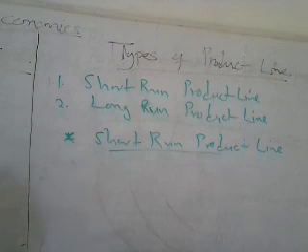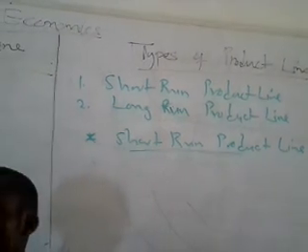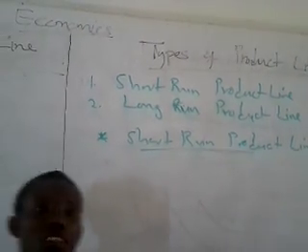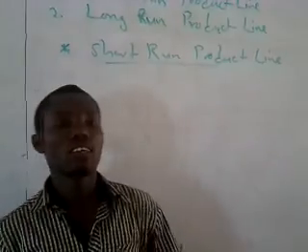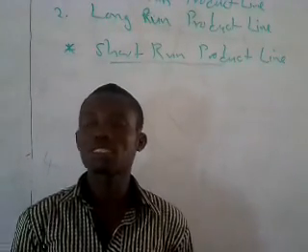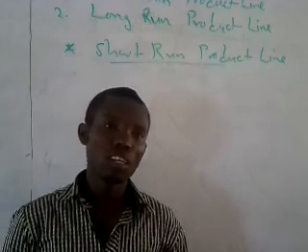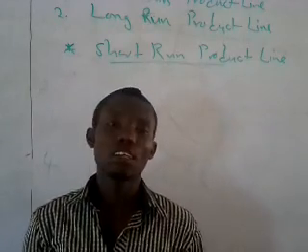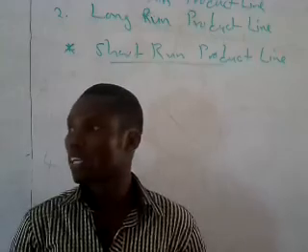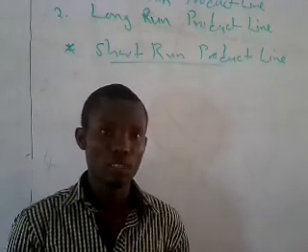So let's look at the short run product line. As I said previously, in the short run, there are two inputs, fixed input and variable input. So if you want to increase production, it means it is only the variable input that can be changed to increase production.